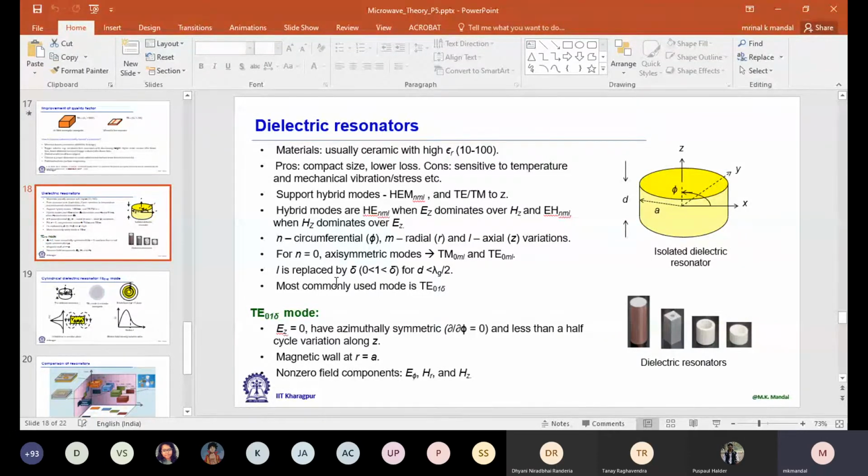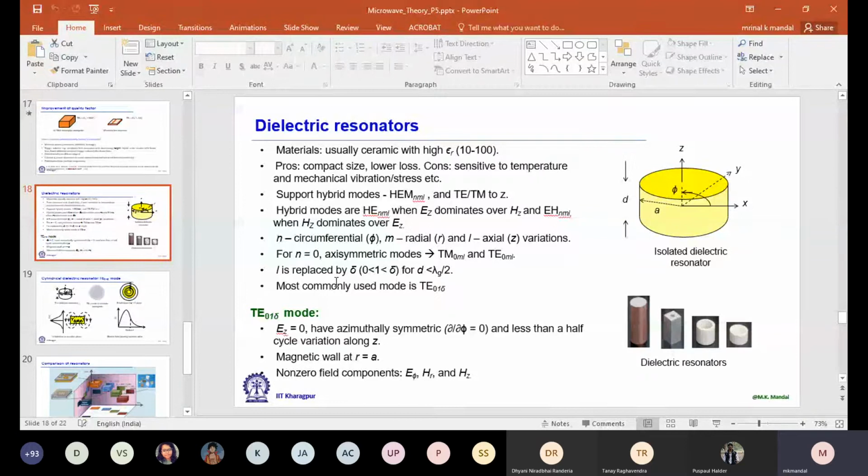And here you see one interesting thing which we did not see for microstrip line or rectangular waveguide. A component of the electric field can also be in air, and that is significant. For a microstrip line, yes, there was some fringing field in air, but compared to that, here the electric field component in air can be significant. We can't neglect that.